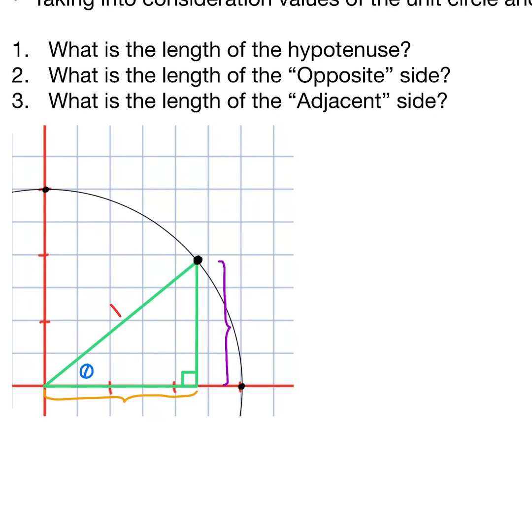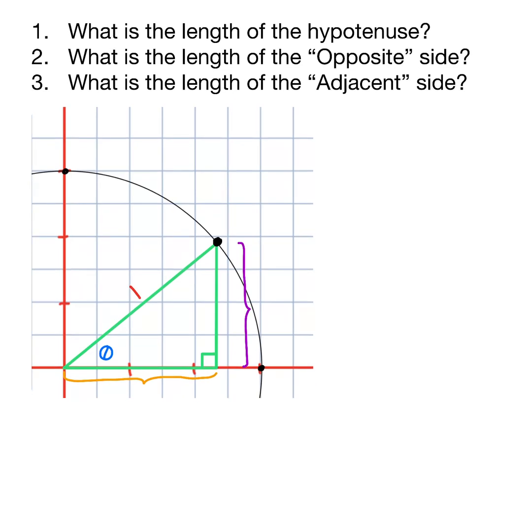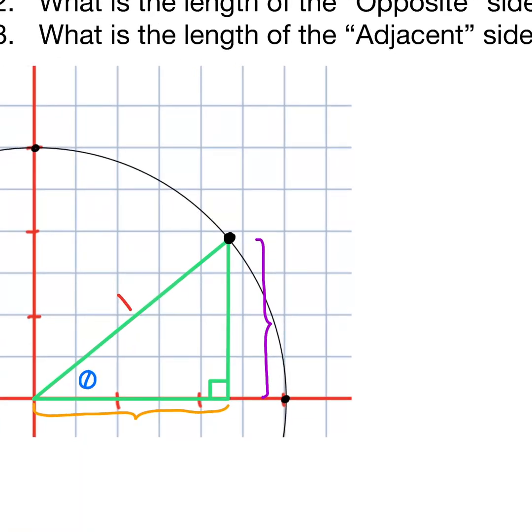Now what about the opposite and adjacent side? I want you just to follow along. This point here, which could have stopped here, we could have drawn the triangle like this, or like this, or like this. But the main point is that anywhere that it stops, it corresponds to an x and y coordinate.